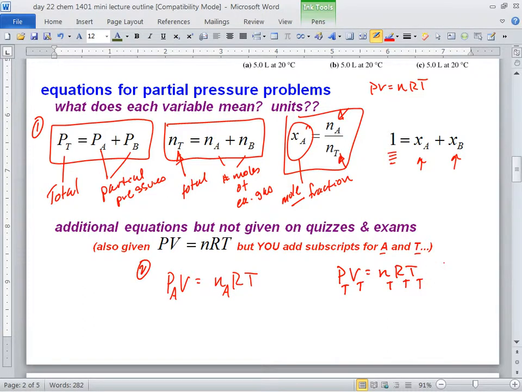T's probably stand for what again? Capital T? Well, yeah, usually, but in this case, for subscripts, it stands for total. Yeah, for subscripts. Okay, so we should only have total for a subscript on which variables again? P and N, so let's get rid of them here, here, and here.